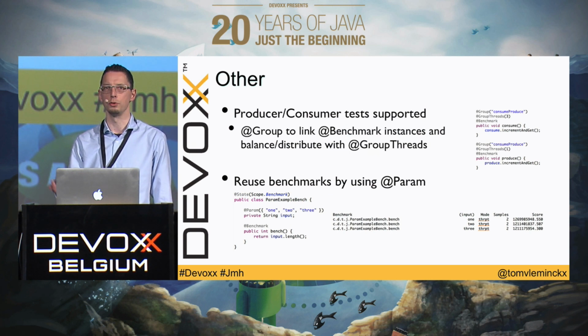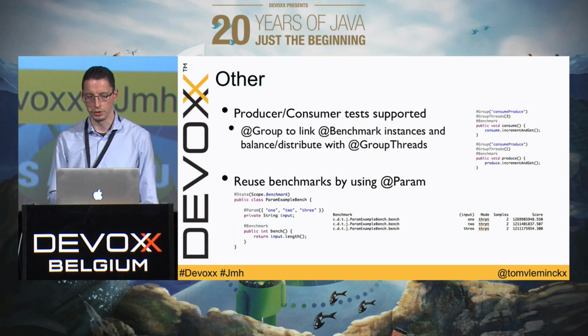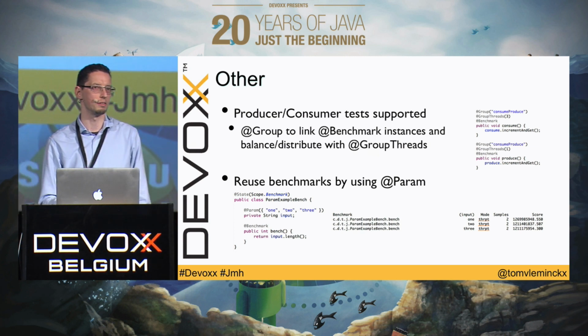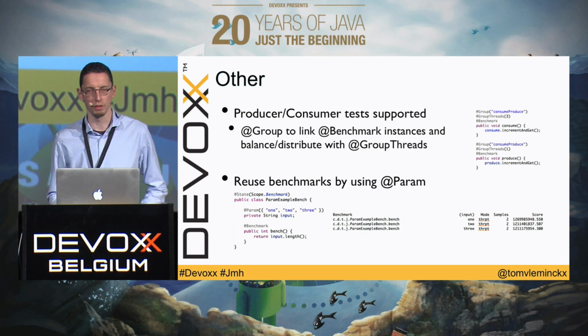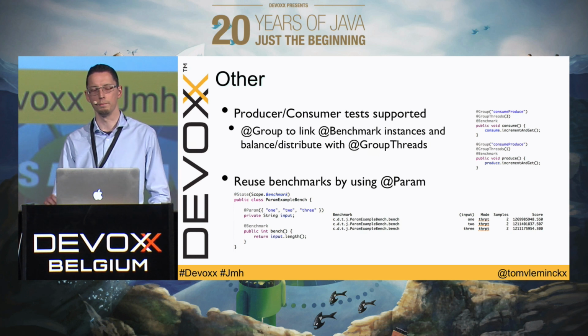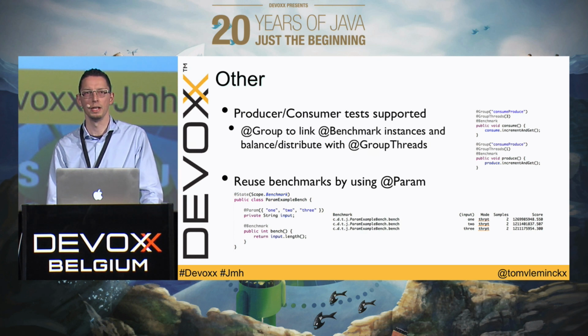Now, I showed you very basic tests. What you can also do, and I find that a very elegant way to do this, is reproduce a concurrency problem, or see how well a certain algorithm or component behaves depending on the nature of what you throw at it. For example, something that does reads and writes.